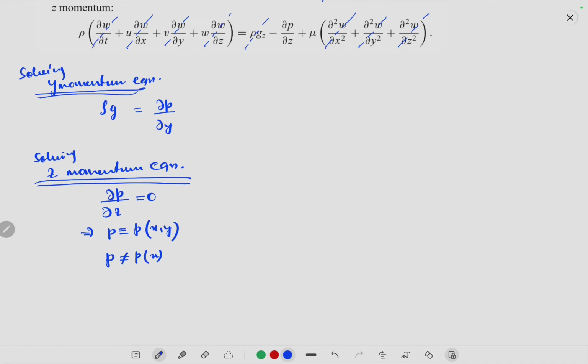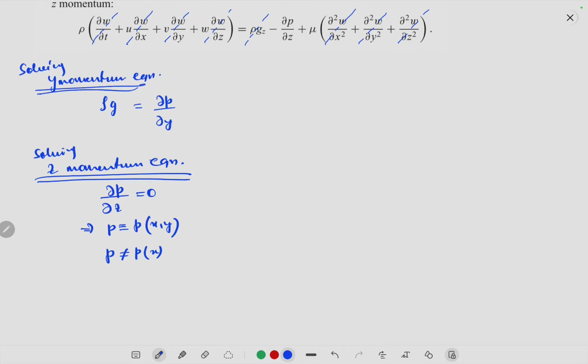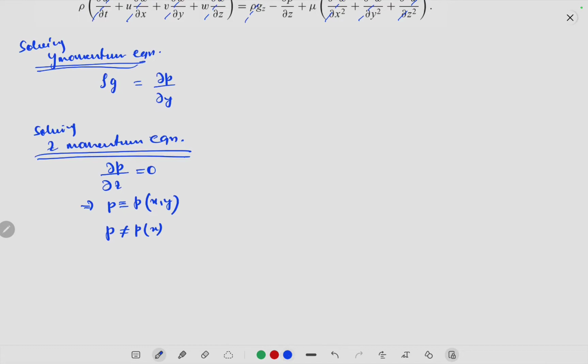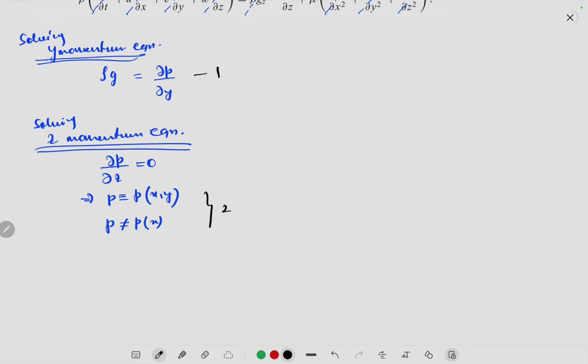So P is not a function of x, P is just a function of y, and P is not a function of z. Let's mark this equation as 1, and this part as 2.